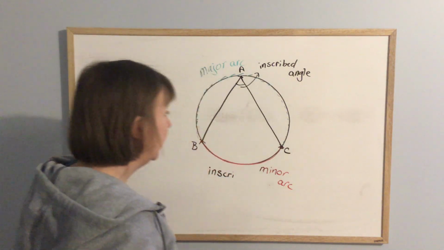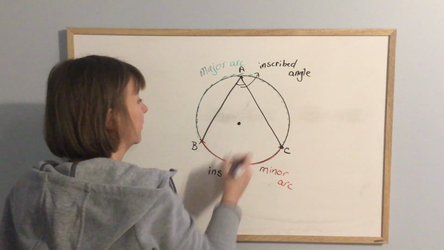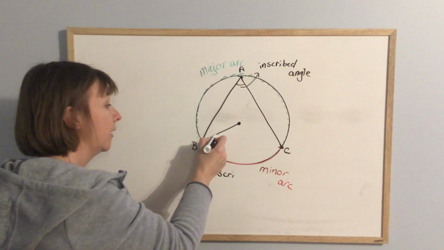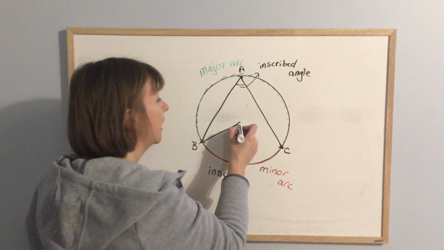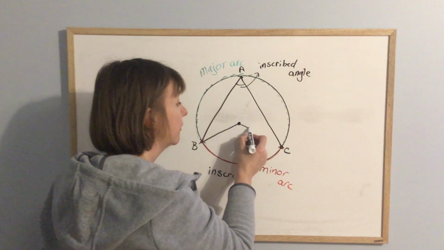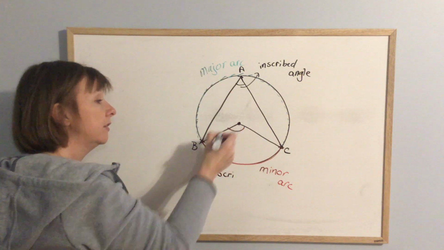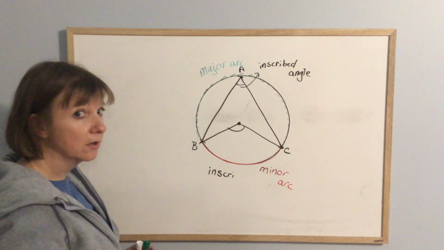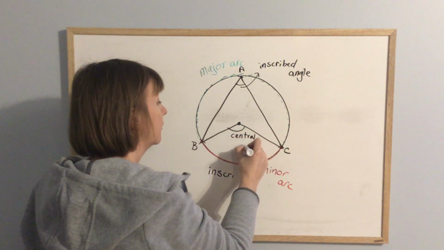Now, if the center of the circle was here, and say I drew a radius from the center of the circle out to this same point, and I drew another radius from the center of this circle out to this point, the angle that's here is called, and this should not be a shocker, a central angle.